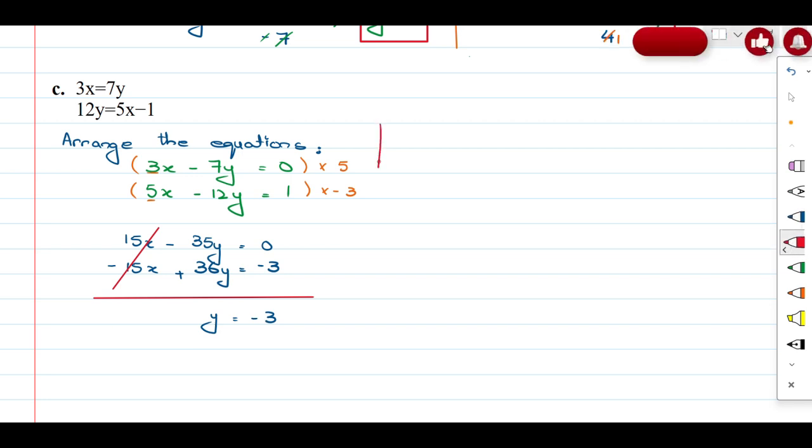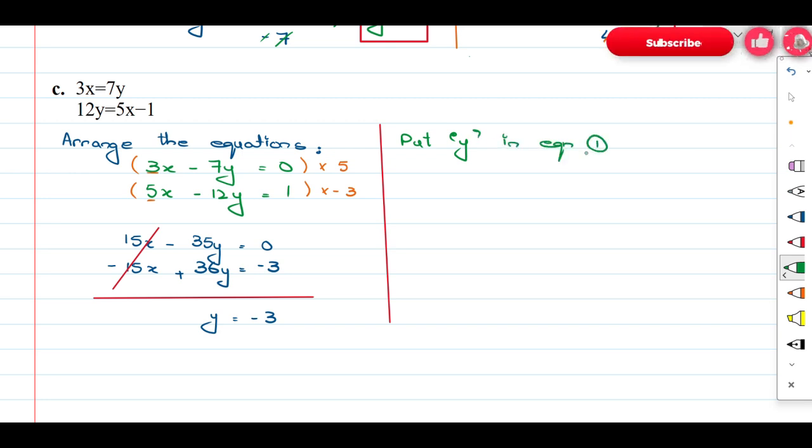Okay, now substitute this y value into your first or your second equation. So here we can say put y in equation 1. This is my equation number 1, and this is my equation number 2, right? If I'm substituting in equation number 1, 3 times x is equal to 7 times the y value, right?